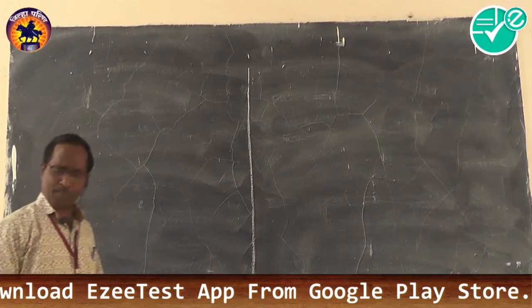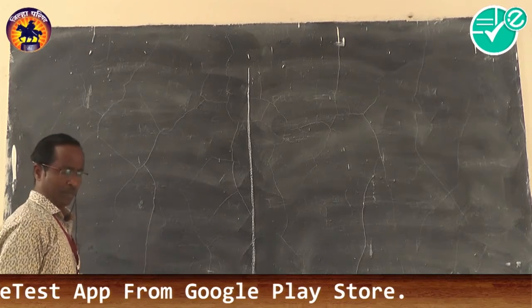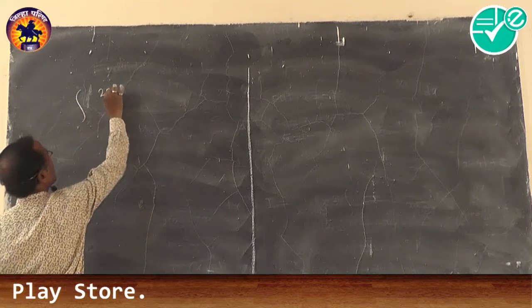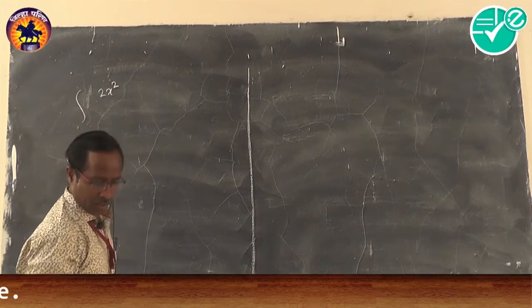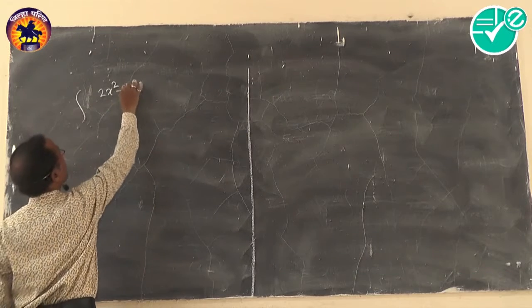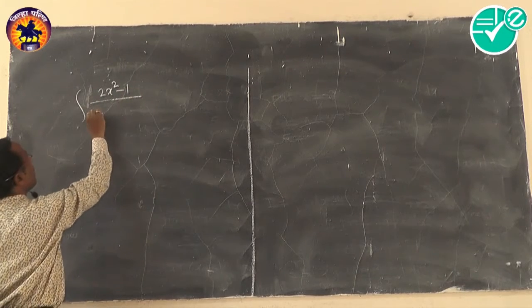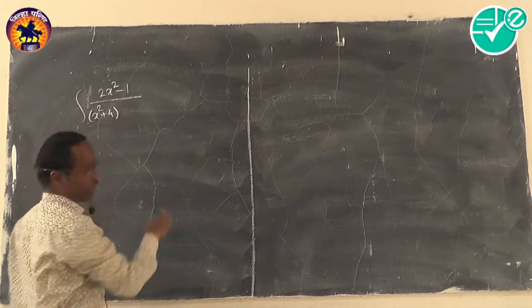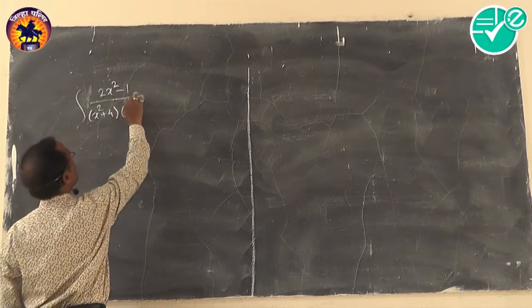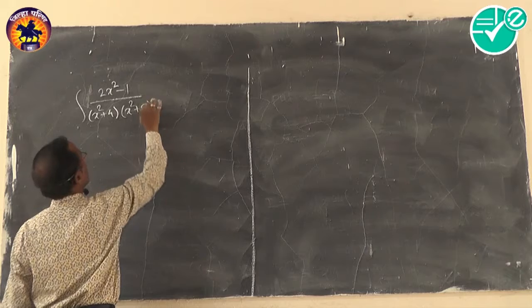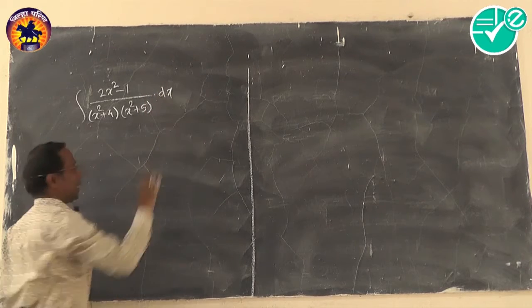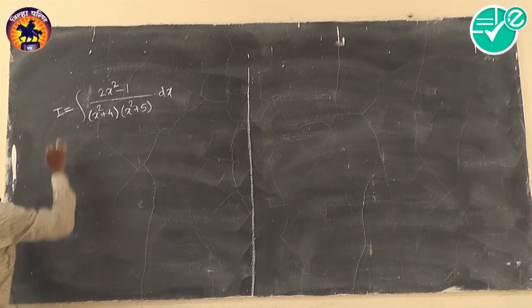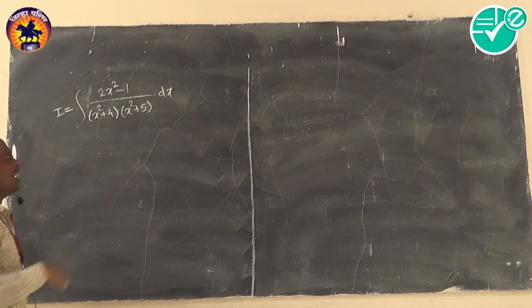A different type of example. We want to solve this example by using substitution. Integral of 2x square minus 1 divided by x square plus 4 into x square plus 5 dx. Now I want to solve this example. By using the substitution method, this is the exceptional case here.